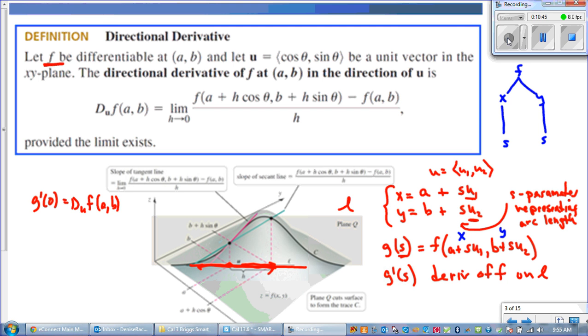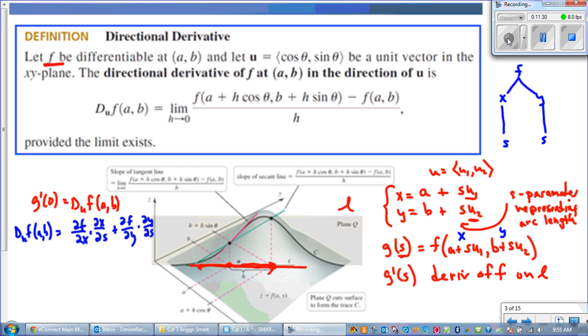So if we wanted to find the derivative of F at AB, we would have the partial of F with respect to X times the partial of X with respect to S, plus the partial of F with respect to Y times the partial of Y with respect to S. So that's the derivative of F at some point, and I'm just going to do it at AB.